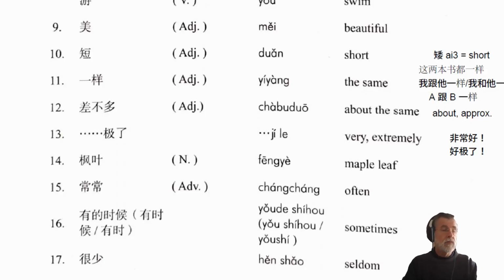Okay. So the main thing is a position thing. As you can see from the little dots on the vocab list there, it comes after the adjective that it's modifying.